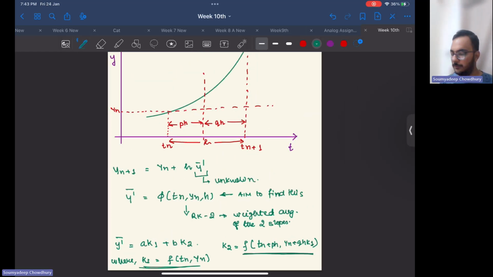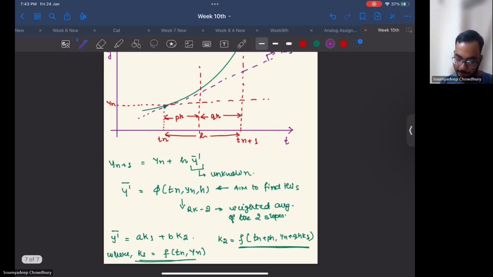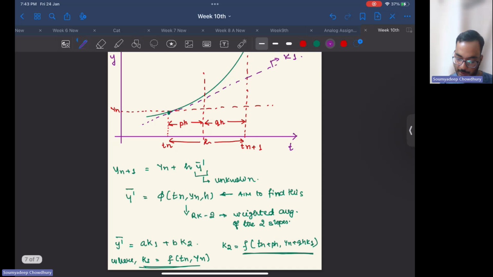So now we'll try to see this geometrically. First is the slope at this point, that is at Tn. This is K1. Now what we need here is H times K1.